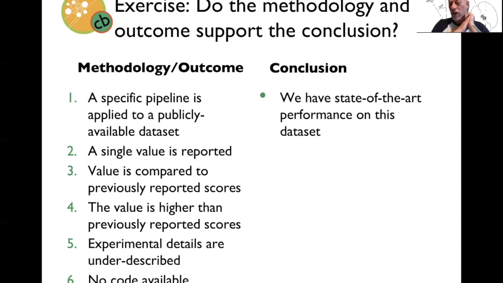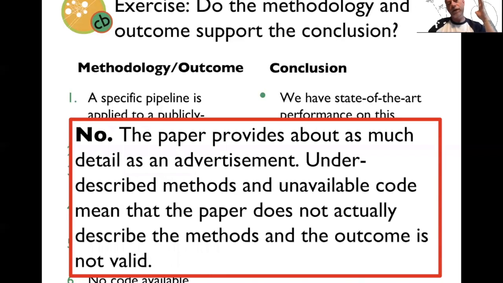If you are far enough along in your career to be watching a video about reviewing conclusion sections, you have probably read some form of this paper 1,000 times. Does the methodology and the outcome support the conclusion? No. Why do I say that?